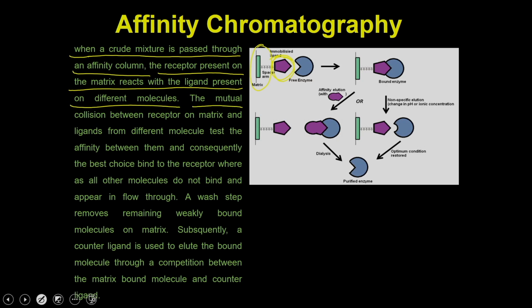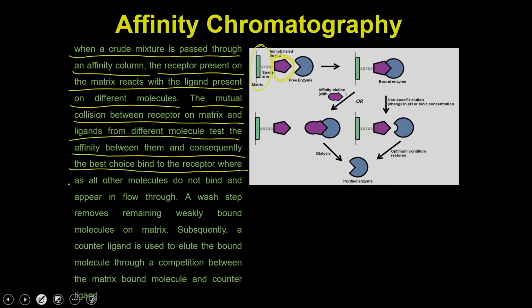The mutual collisions between the receptor and the ligands from the different test molecules will determine the affinity between them. Consequently, the best choice binds to the receptor, whereas all other molecules do not bind and appear in the flow through.